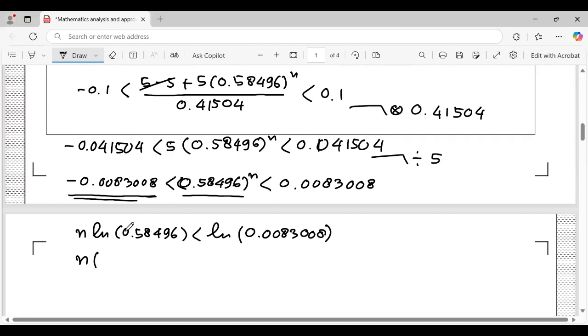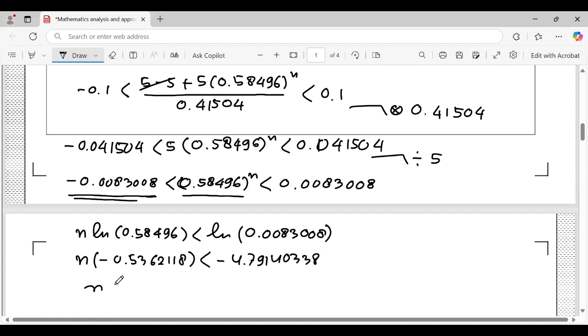If you take ln of this number, the result is minus 0.5362118. And ln of this number is minus 4.79140338.